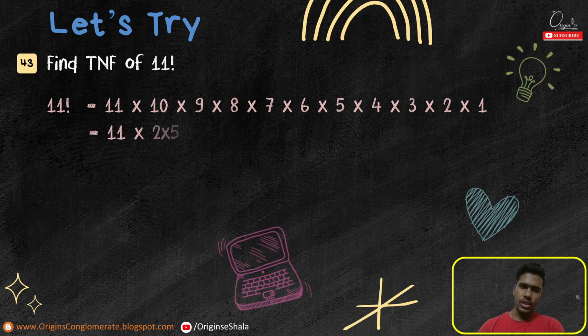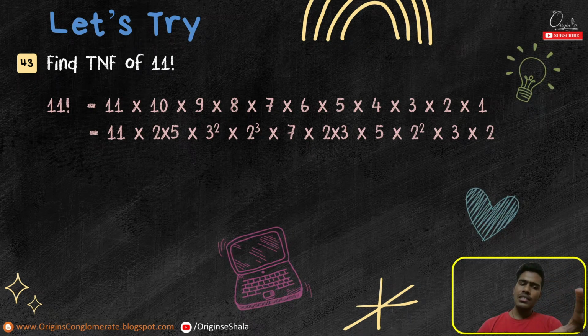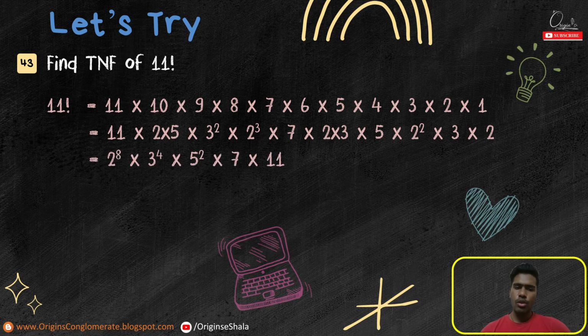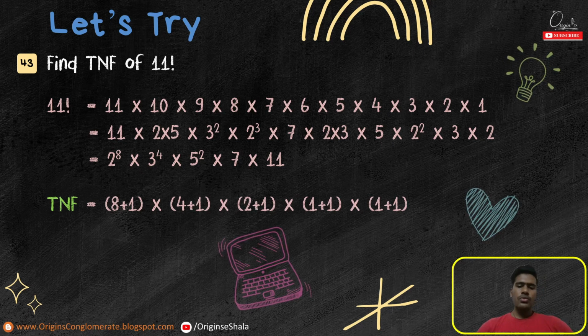Now if you smartly see, for every multiple of 2 we can split it into multiples of 2, and for 3 we can do the same. We can write it in this form: 2 into 5, 3 square, 2 square, and now we can do prime factorization our normal way. So this is what we are left with. Now this is our basic practice. We need the prime factors and the powers. We got them, and from this we can figure out TNF: add 1 to every power and multiply them. You will get TNF around 540.